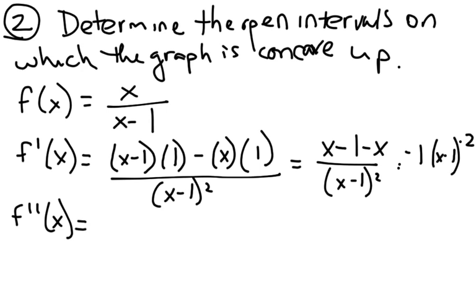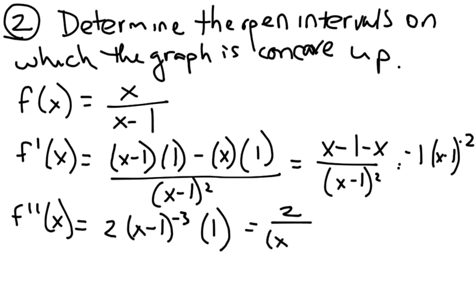Derivative of the outside function is going to be negative 2 times negative 1, which is 2. Copy the inside, subtract 1 from the power, and multiply by the derivative of the inside function. So this would be 2 over x minus 1 cubed.